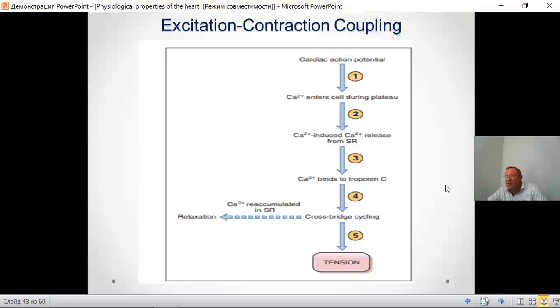This process is called calcium-induced calcium release, and the calcium ions that enter during the plateau of the action potential are called the trigger calcium.